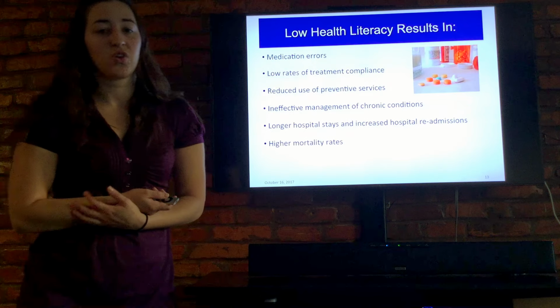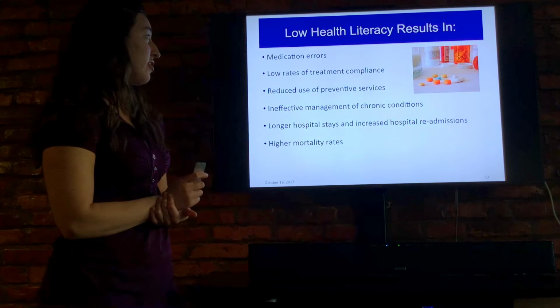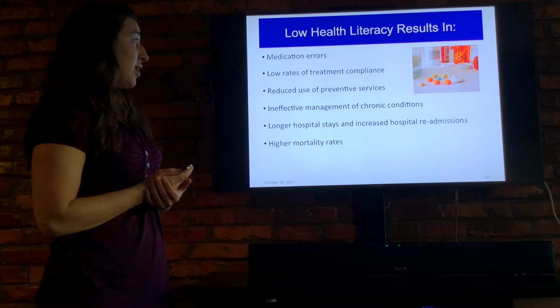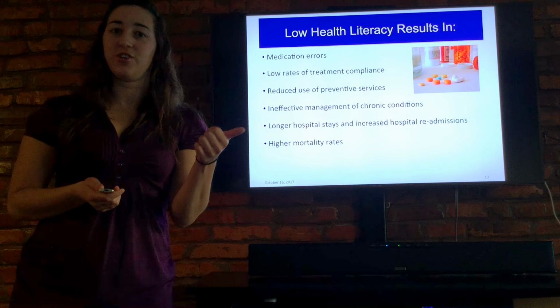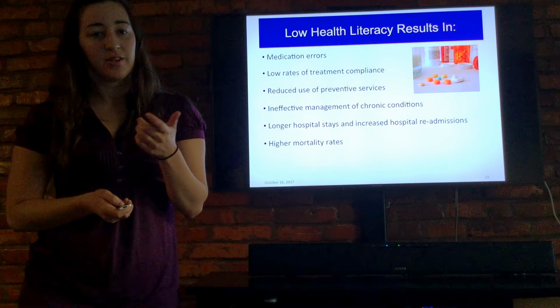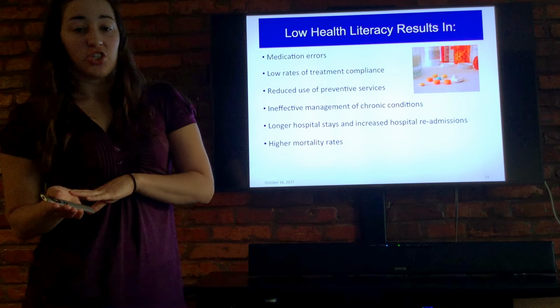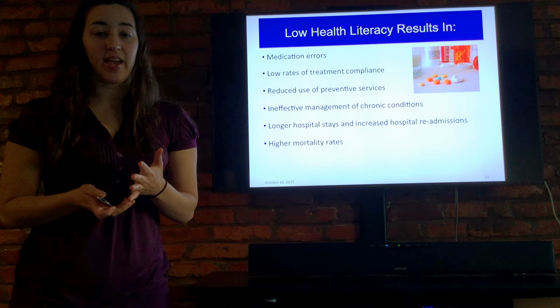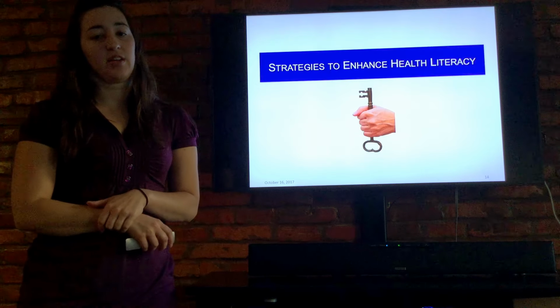Again, patients have difficulty filling out the form. It can result in medication errors, lower rates of treatment compliance, reduced use of preventative services, which could mean an increased use of emergency room services, ineffective management of chronic conditions, longer hospital stays and increased hospital readmission rates, and higher mortality rates.